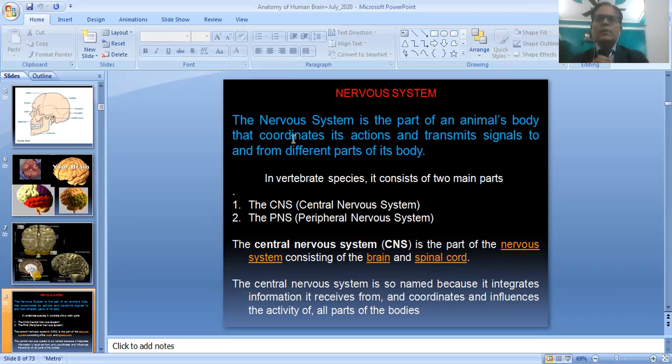The central nervous system is the part of the nervous system consisting of the brain and the spinal cord, right? The central nervous system is so named because it integrates information it receives from, and coordinates and influences the activity of, all parts of the body.